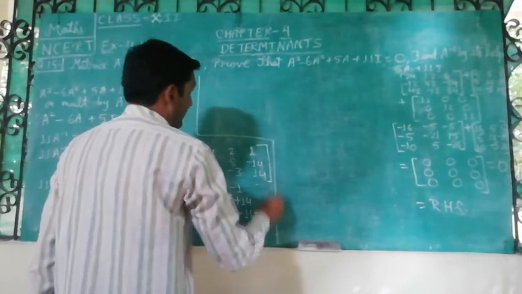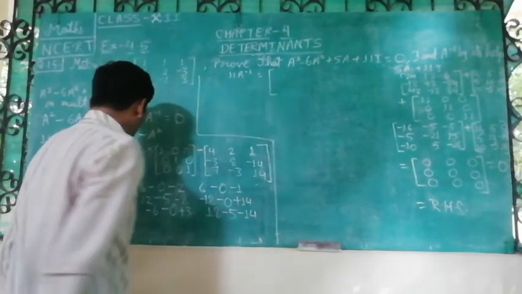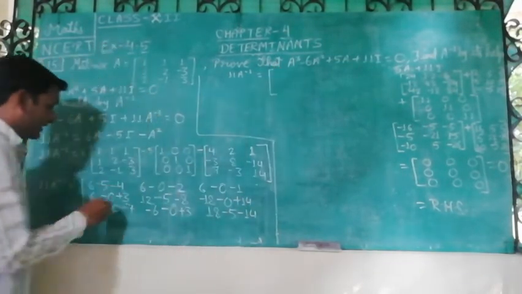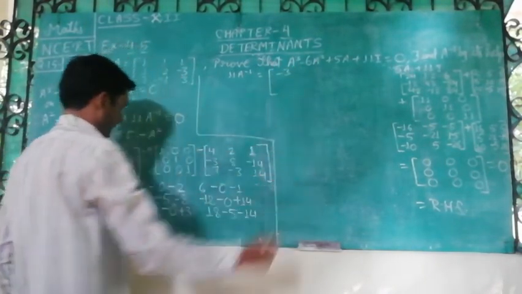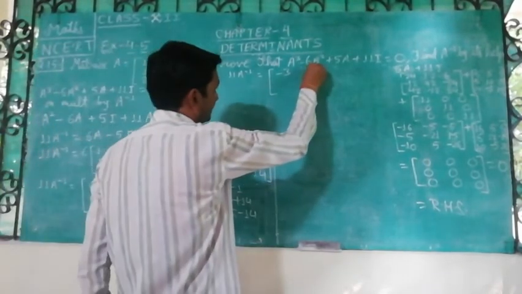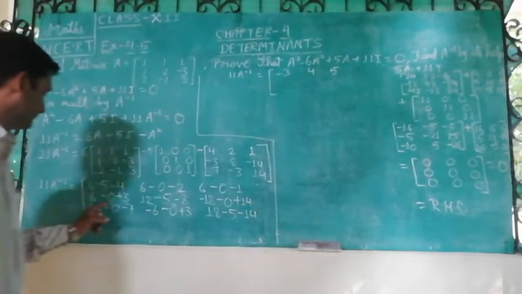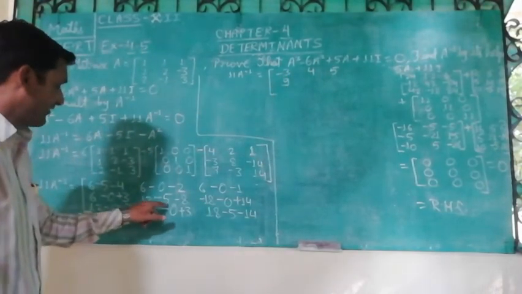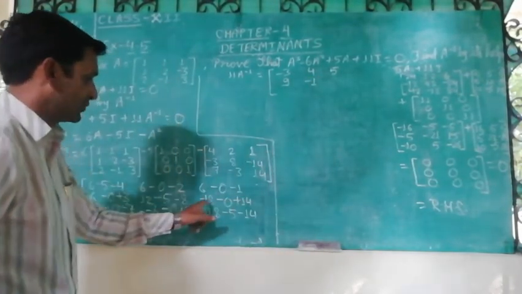So what will it be? See, 11A inverse is equal to, we can find it out now, 6 minus 9 is minus 3, 6 minus 2 is 4, 6 minus 1 is 5, 6 plus 3 is 9, 12 minus 5 is 7, 7 minus 8 is minus 1, and then minus 18 plus 14, that is minus 4.